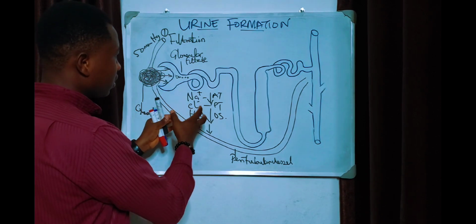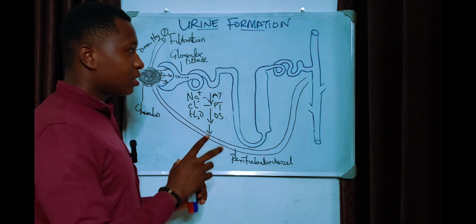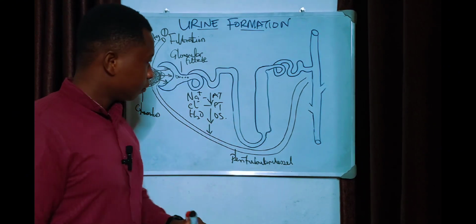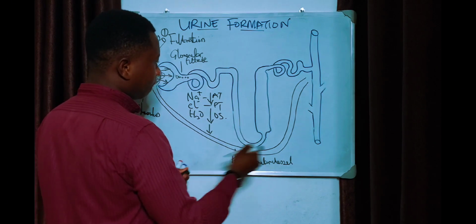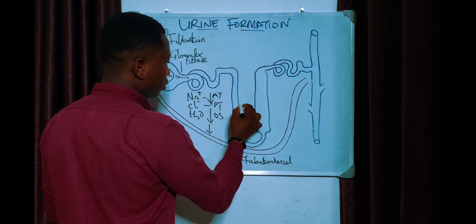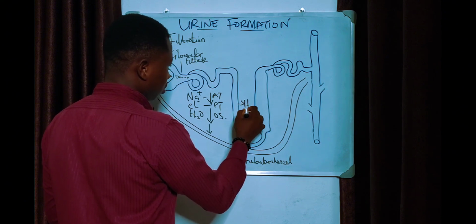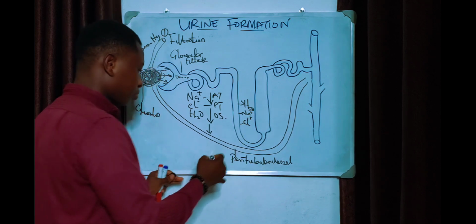So that is what happens in the absorption. Now, absorption takes place at every point in the nephron. If you move down to the loop of Henle, we also have reabsorption of H2O, sodium ion, chloride ion.